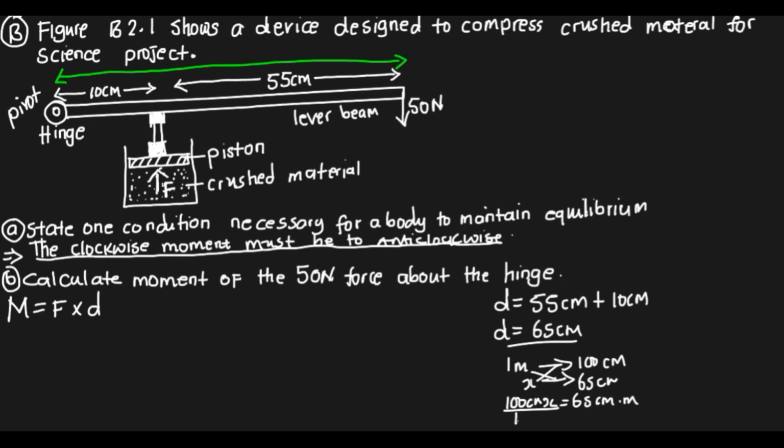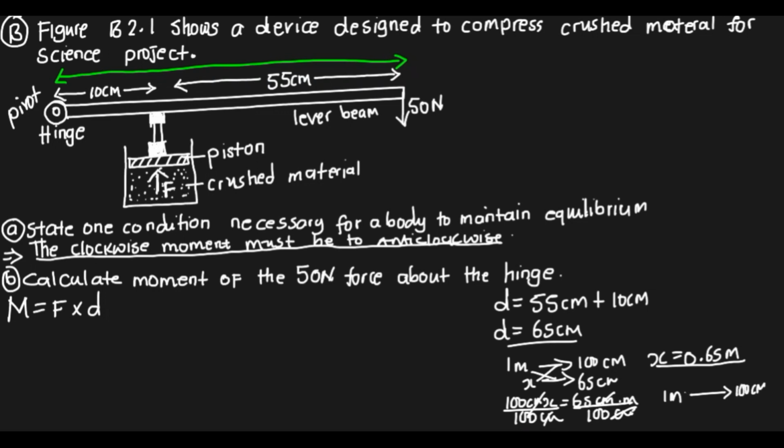We divide by 100 centimeters, also here by 100 centimeters. So if we cancel, our x is, centimeter and centimeter cancel. So 65 divided by 100 will give us 0.65 meters.